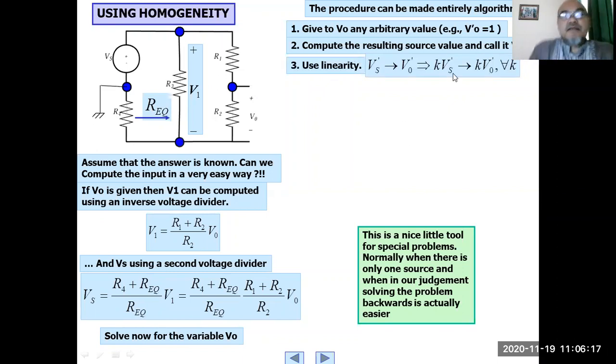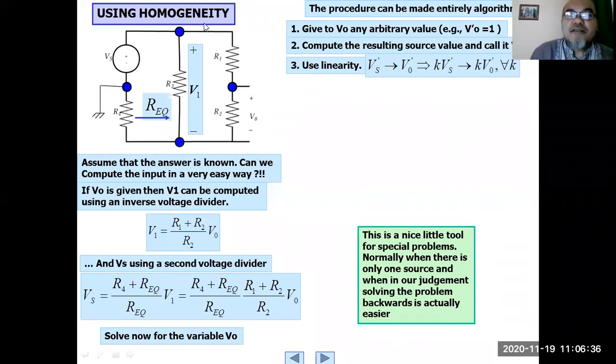Okay, so on homogeneity, last session yesterday we discussed that to get the answer we assume the answer has a certain value.